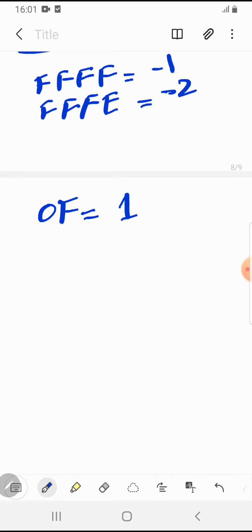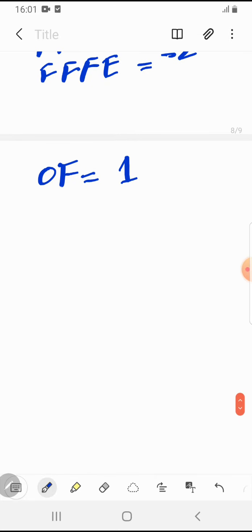In case of the signed overflow, on addition of numbers with the same sign, signed overflow occurs when the sum has a different sign. This happened in the previous example where we were adding 7FFF hex, and we noticed that when we were adding two positive numbers we got a negative number. So that's why there was a signed overflow. Subtraction of numbers with different signs is like adding numbers of the same sign.